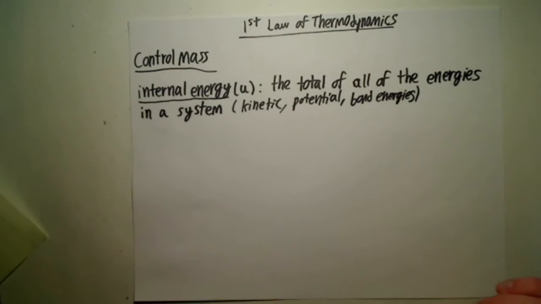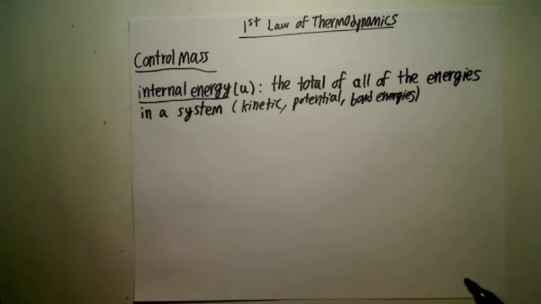So now that we know that, let's define what the first law of thermodynamics is. The first law of thermodynamics more or less says that energy cannot be created or destroyed; it always stays the same.